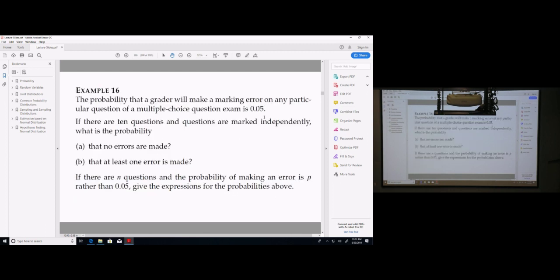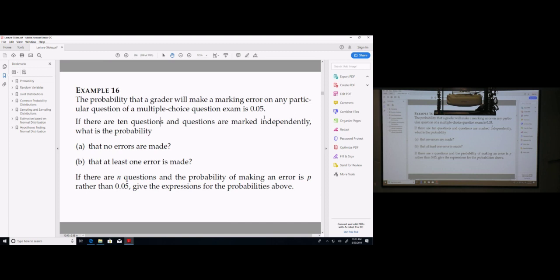Now, the probability that a grader will make a marking error on any particular question of a multiple choice exam is 5%. If there are 10 questions and questions are marked independently, what is the probability that no errors are made? And that at least one error is made. We will see this again later on, and this will be something related to the binomial distribution.